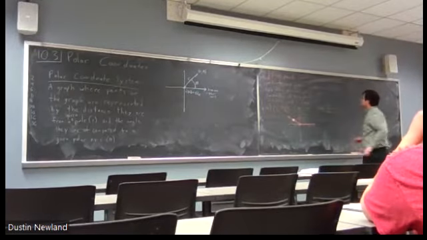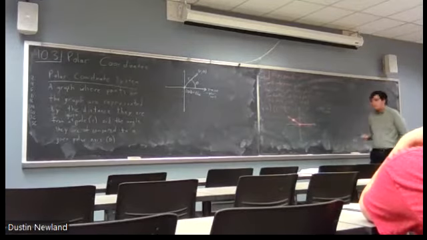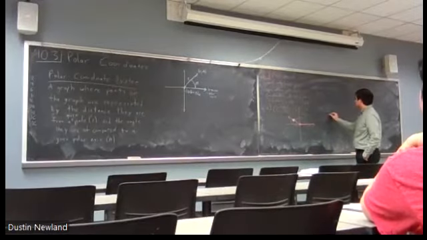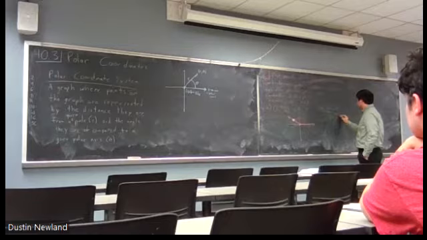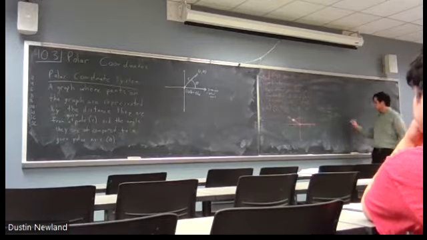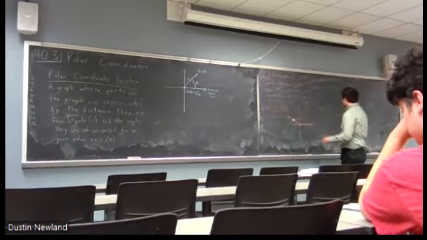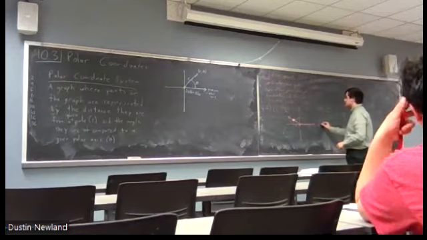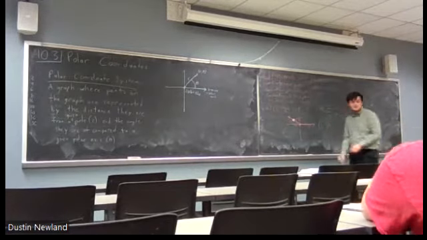So how do I add these two together? What do I need to do? Good. So an equivalent point in polar coordinates is going to be 2 and 17 pi over 6.